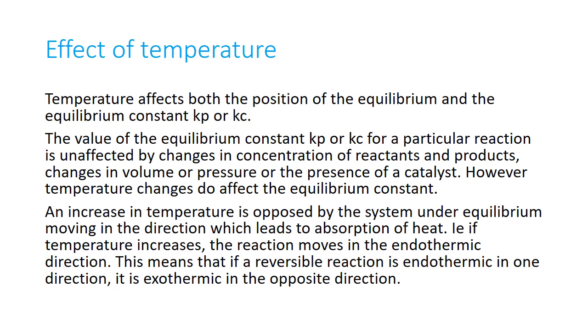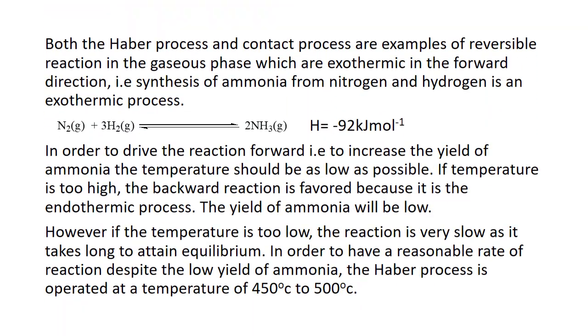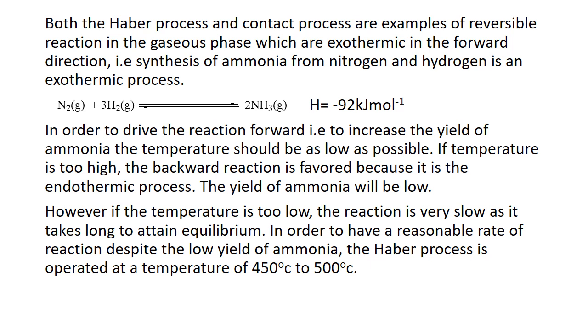We go forward and look at the effect of temperature. Temperature affects both the position of the equilibrium and the equilibrium constant. An increase in temperature leads to absorption of heat. That means if a reaction is endothermic, then an increase in temperature favors that reaction.